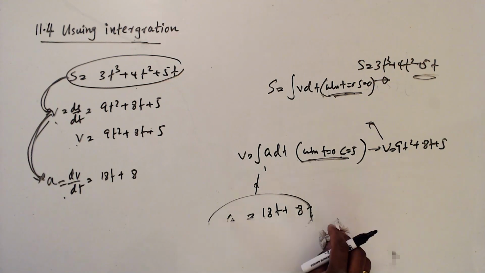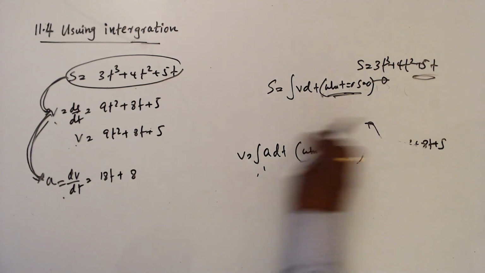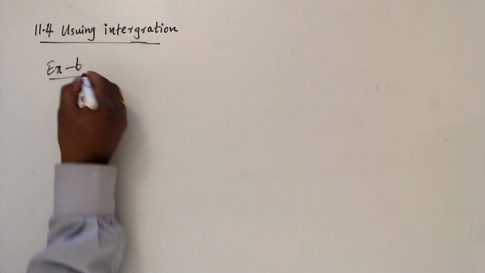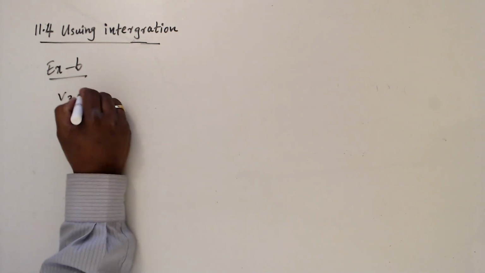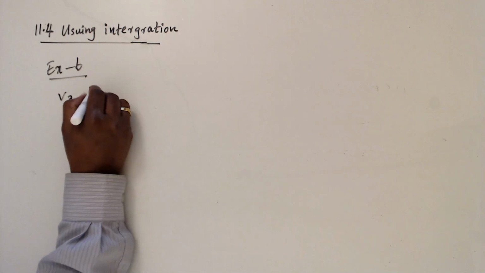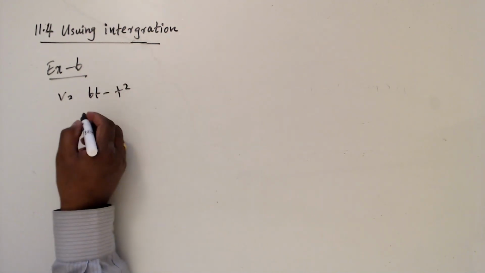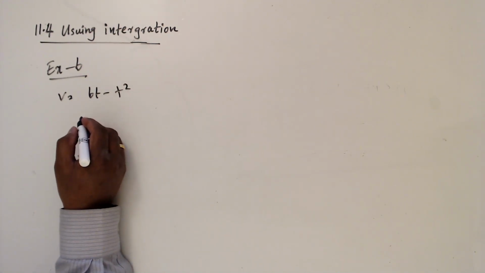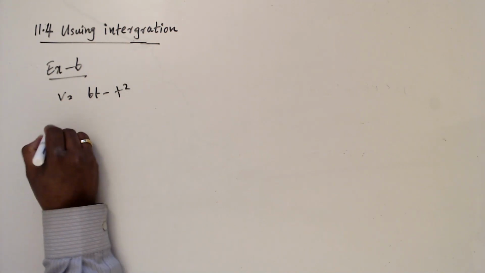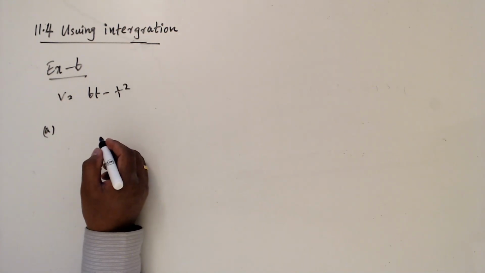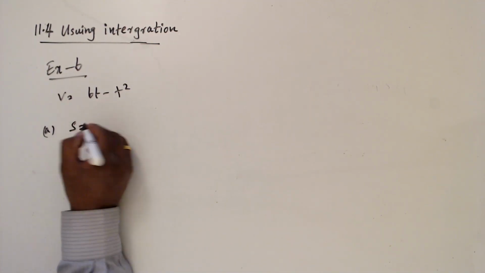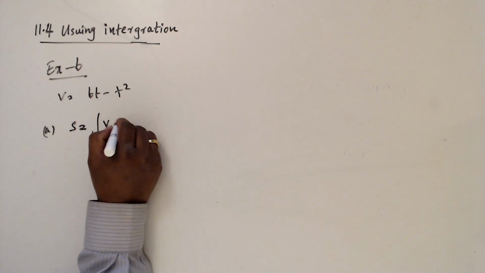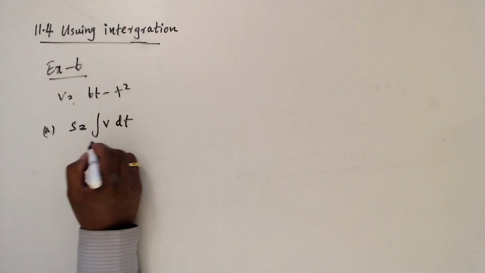Let's discuss example 6. It's given that the velocity v equals 6t minus t square. The first question is we need to find the expression for the displacement. So s we can get by integrating velocity.